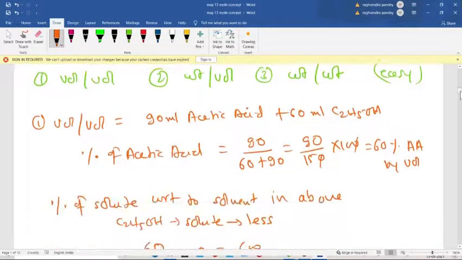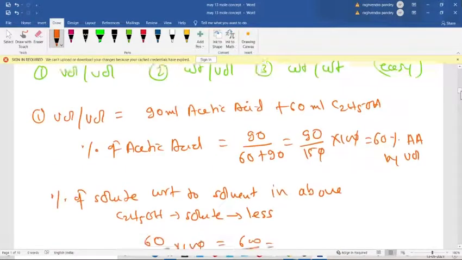Okay, so that is volume by volume. Now, this never comes.